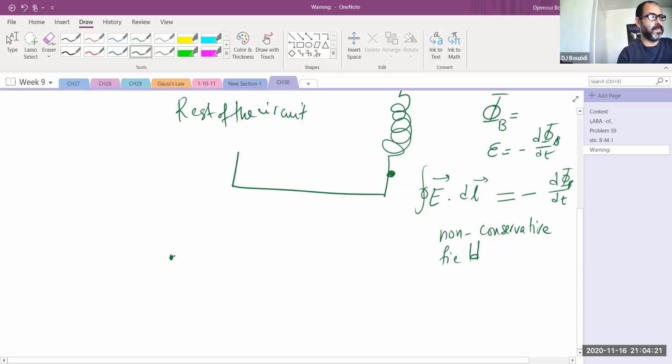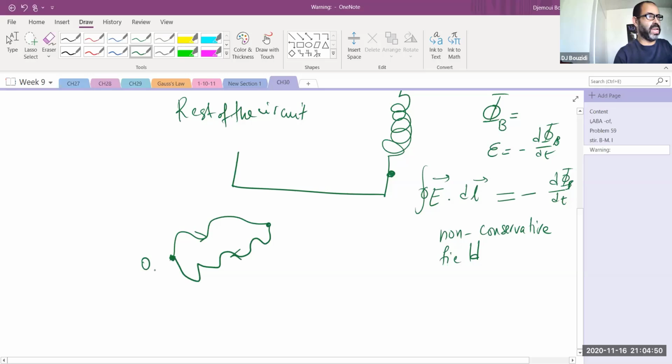If I start from this point and I go through this path and come back in here, if I don't have any friction, it doesn't matter which path I have as long as I come back here, the change in the potential, for example, the electric potential or the gravitational potential, is 0, because my starting height and my ending height are the same. So if I go this way and come back in here, there should not be any circulation.